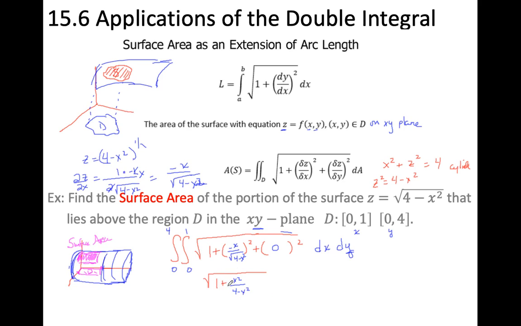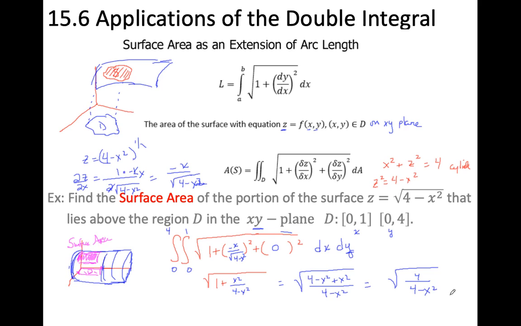So I'm going to have 4 minus x squared over 4 minus x squared plus x squared all on top of 4 minus x squared. My x squareds in the numerator are going to go away, and I'm left with 4 over 4 minus x squared.